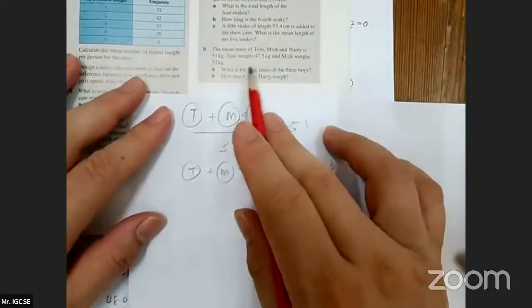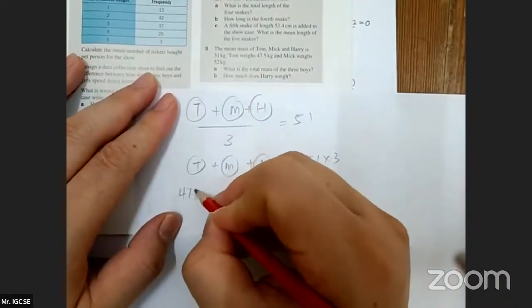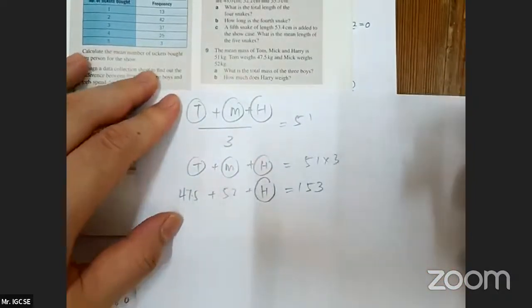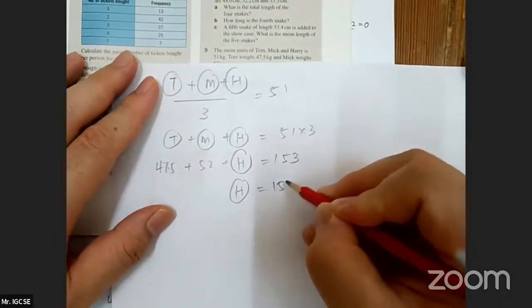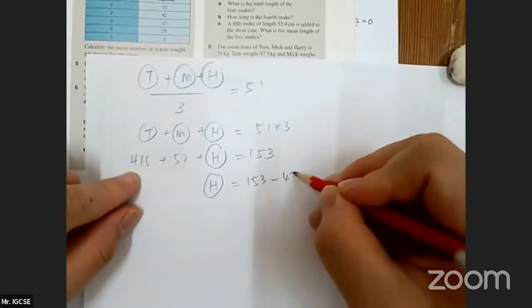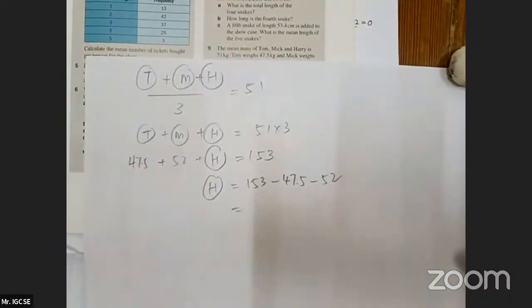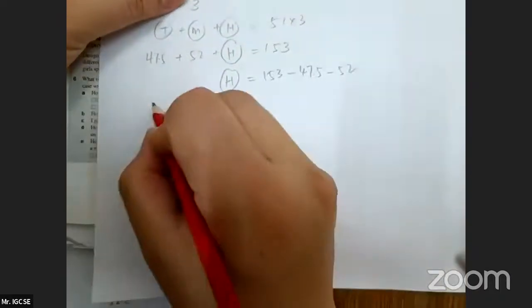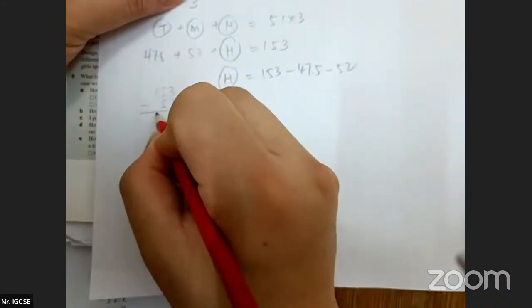We know that Tom is actually 47.5 and Mick is actually 52. And then you need to find Harry. So Harry's weight will be 153 minus Tom's 47.5 and then minus Mick's 52. Without using a calculator, we can also try: 153 minus 52, you get 101.